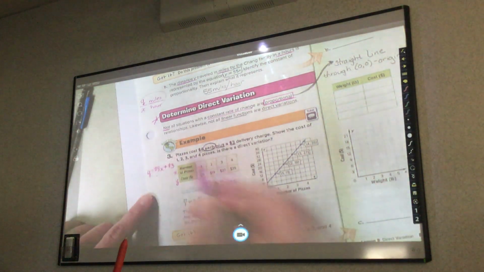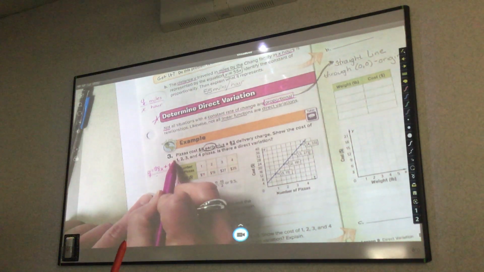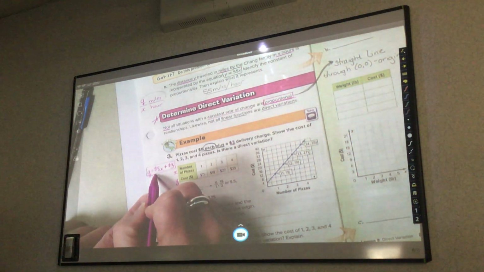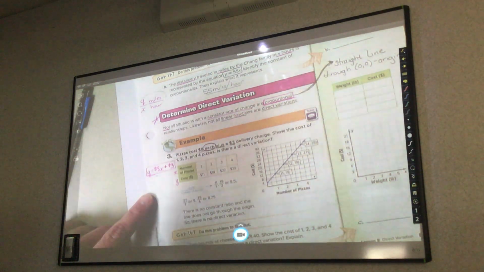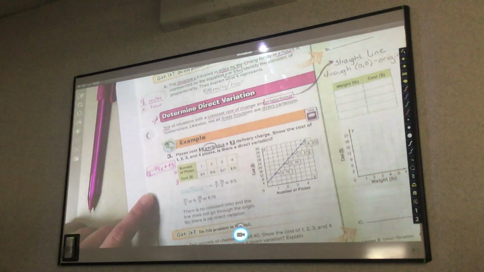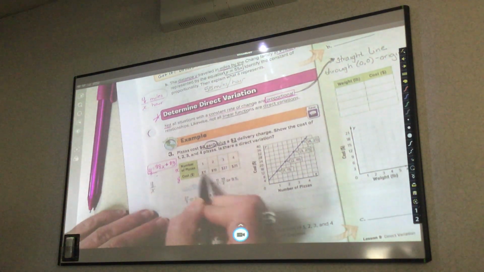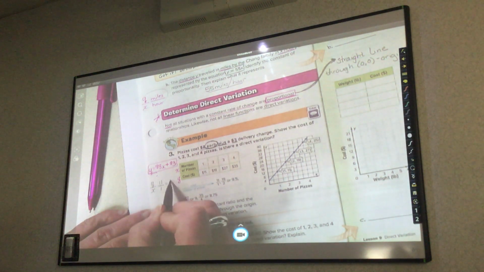Now, before I go any further, just looking at this, is it going to be proportional? No. Why? Because you cannot add or subtract to be proportional. Excellent. The other way to tell is I do my Y over X. I'll start with the first one: 11 divided by 1 is 11.